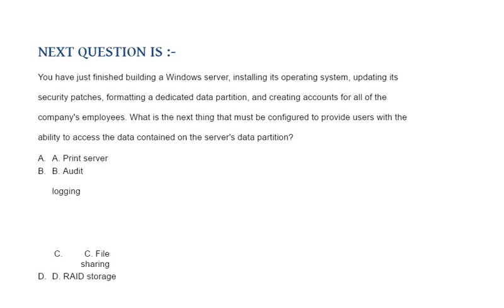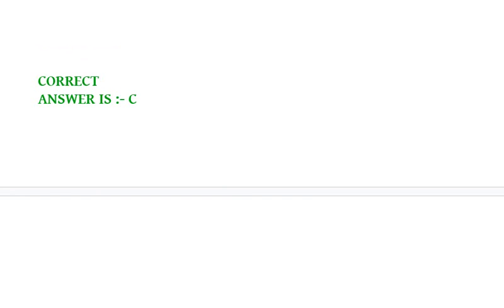What is the next thing that must be configured to provide users with the ability to access the data contained on the server's data partition? Option A. Print server. Option B. Audit logging. Option C. File sharing. Option D. RAID storage. Correct answer is option C.